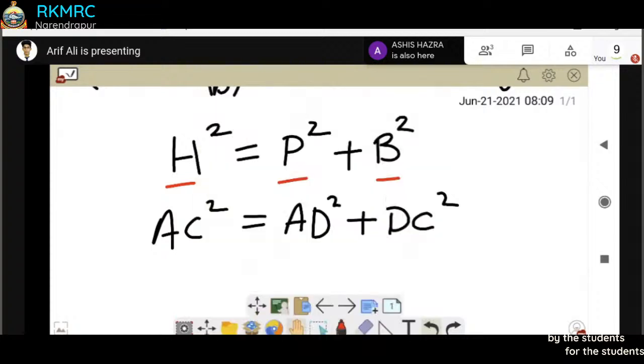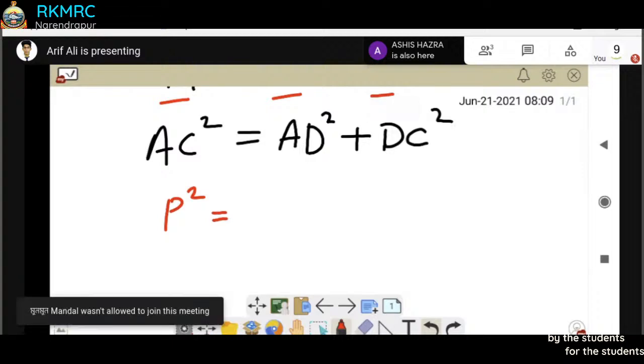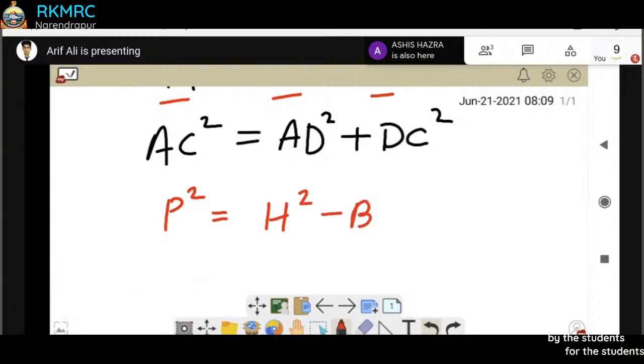You can also change it like this: P square is equal to H square minus B square. And if you are asked to calculate only P, then you will write it as the square root of H square minus B square.